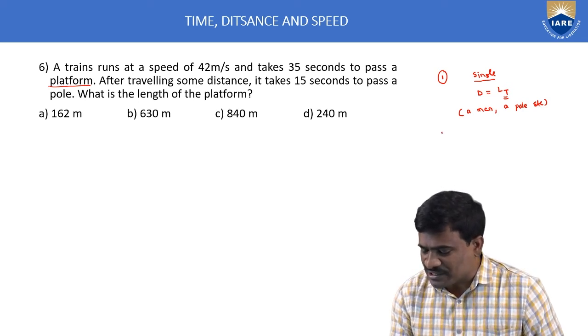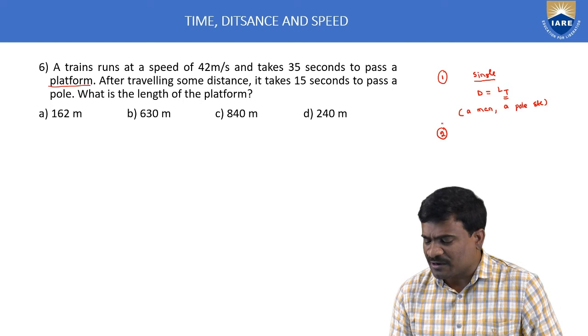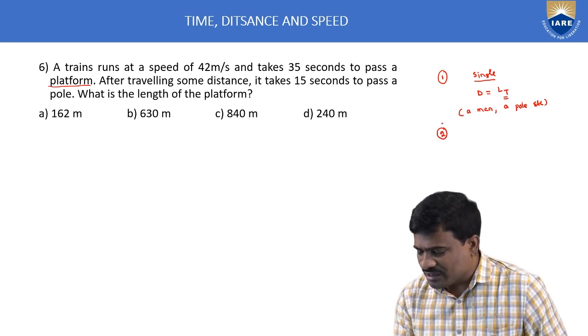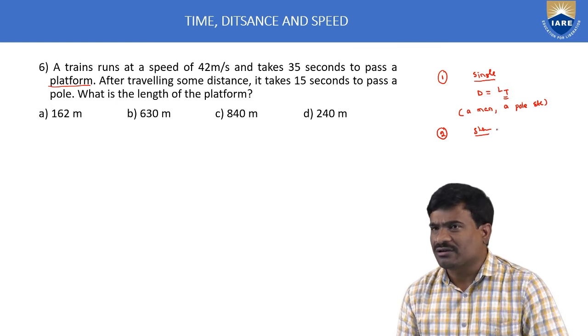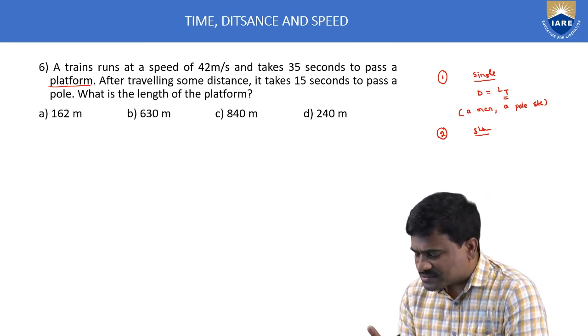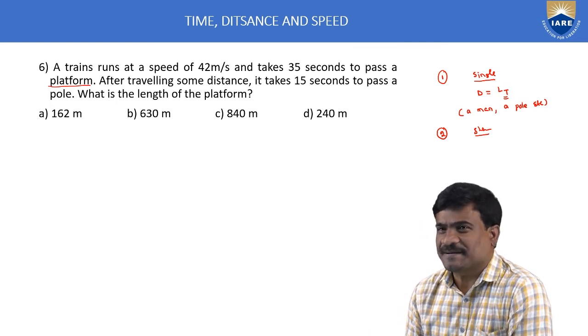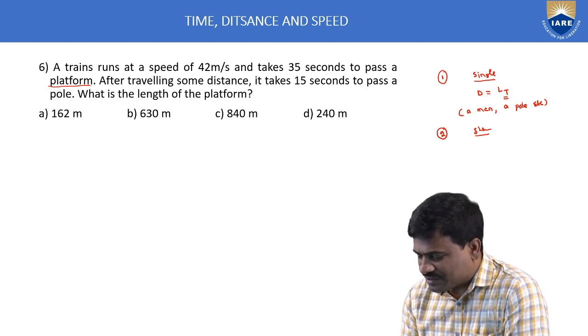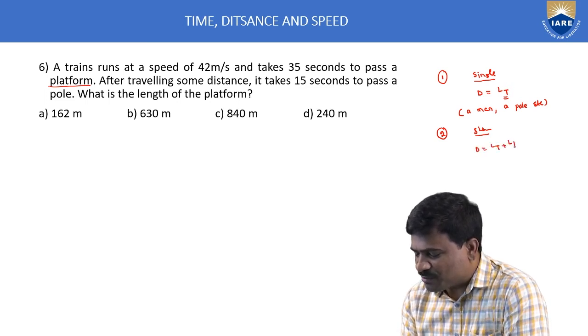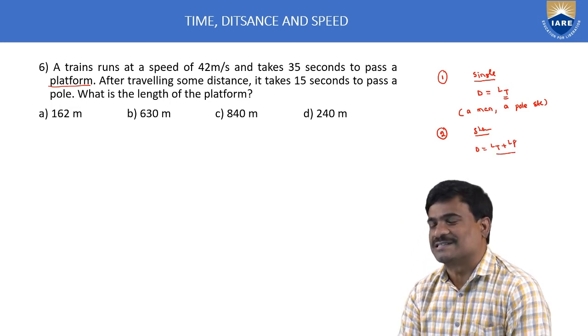Next, second point: when a train crosses a stationary object, then distance is equal to the sum of the two objects' lengths.